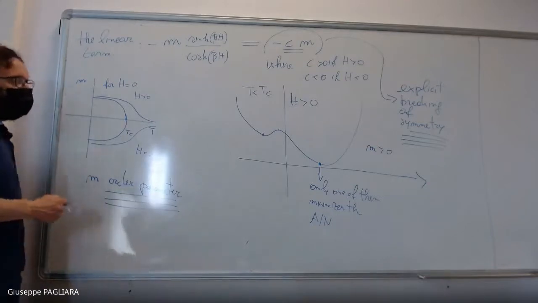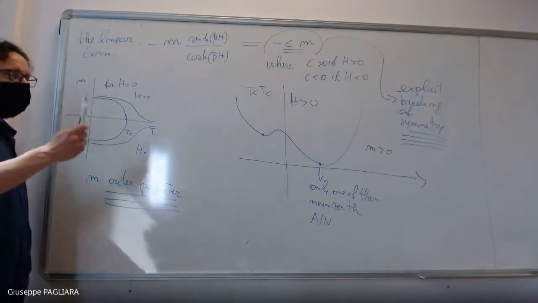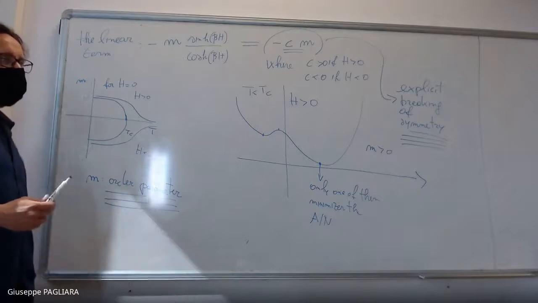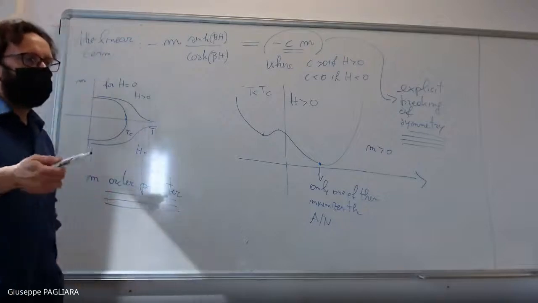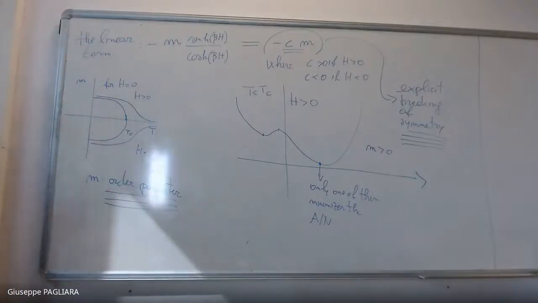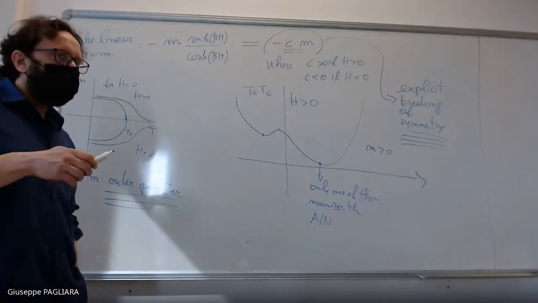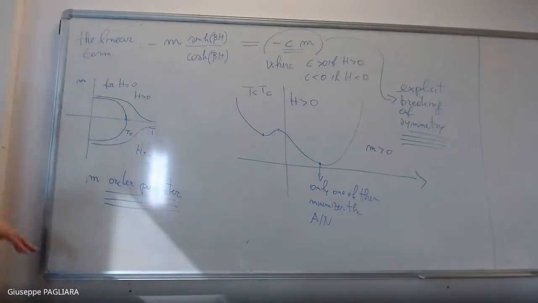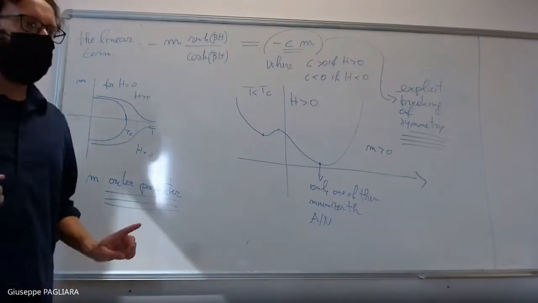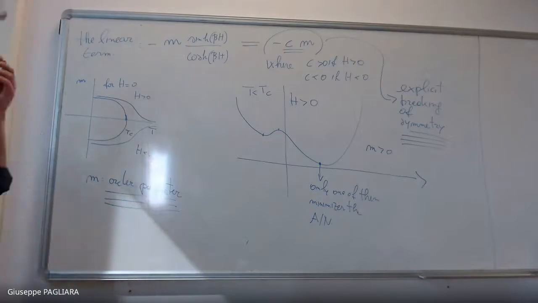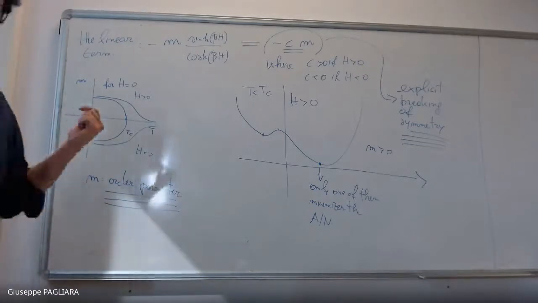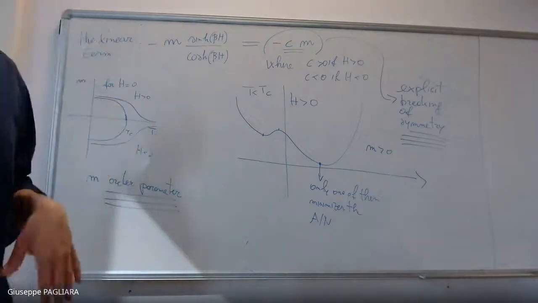Whereas when t is smaller than Tc, we pick up some preferred direction, up or down, in this simple example, okay? And if t is equal to 0 instead, we have all of them up or all of them down. Whereas in the intermediate cases, we have some clusters which are up and some clusters which are down, in such a way that the average value of m is not equal to 1, but is smaller than 1, but anyway finite. Okay.